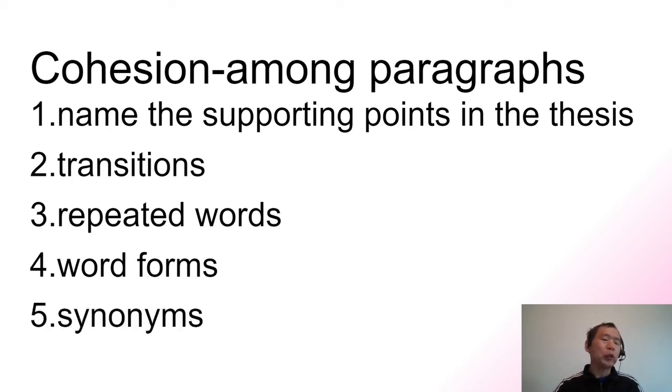And when you use synonyms, you are not repeating the same word, but that shows your ideas are connected. One of the things that you can do is to look at the 3 topic sentences of the body paragraphs to make sure those 3 topic sentences are linked to support your thesis.